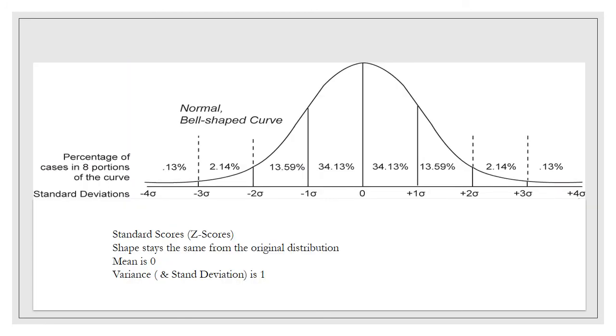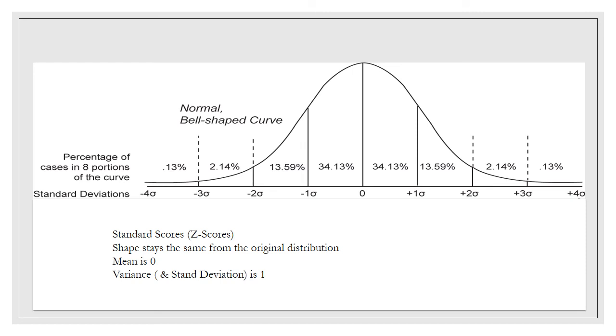With all of that talk about shape of distributions and the bell-shaped curve, the standard normal distribution, if you've heard that term used, are our z-scores. They are the standard scores that we've transformed. They have some specific properties. When you transform your raw data into standard scores, into z-scores, the general shape of the original distribution stays the same.